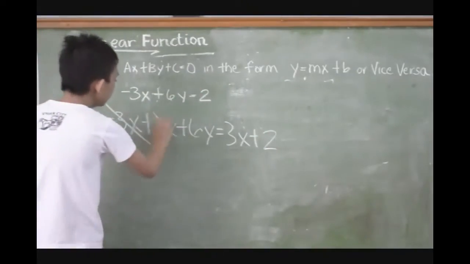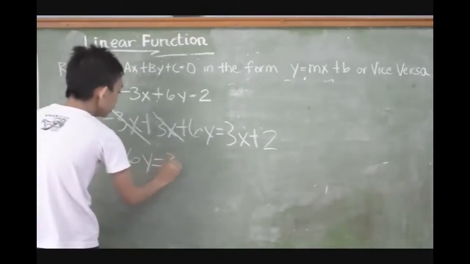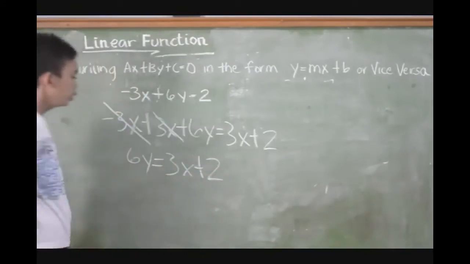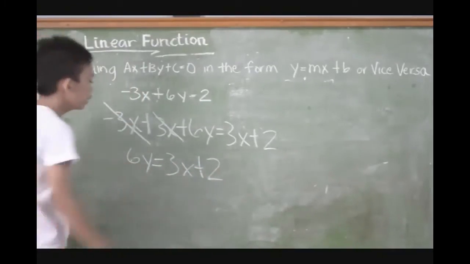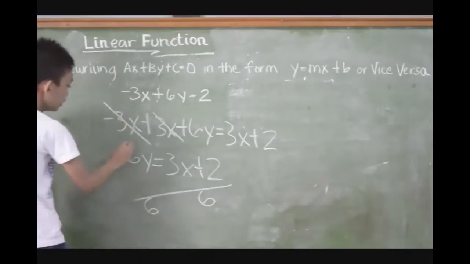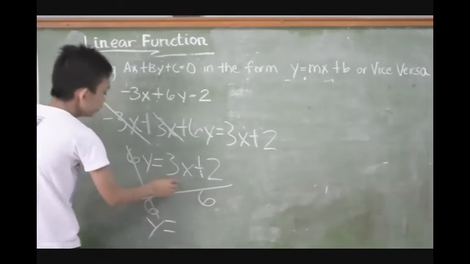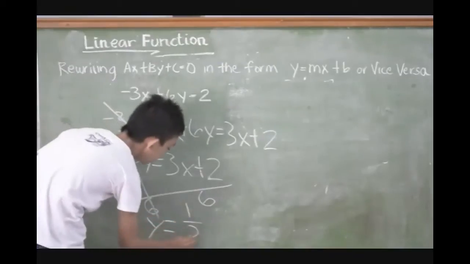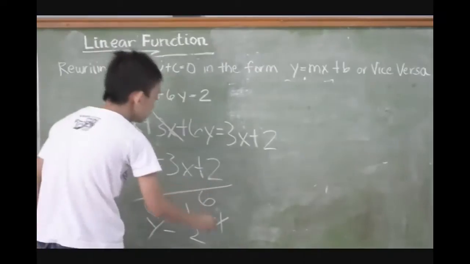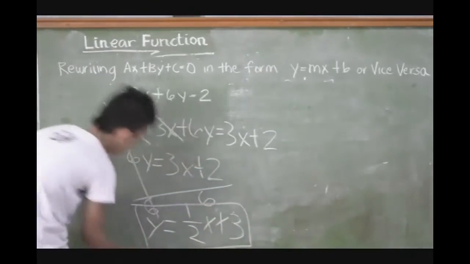I will cancel negative 3x so that 6y will remain. 6y equals 3x plus 2. In order to remove 6, we have to divide both sides by 6. 6 will be cancelled. y equals 3 divided by 6, which is 1 half x, plus 2 divided by 6, which is 1 third. And that's the y form.